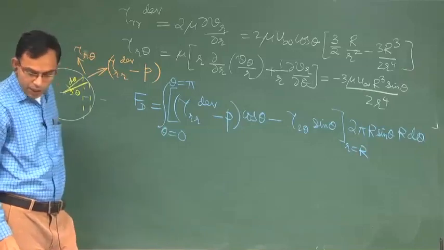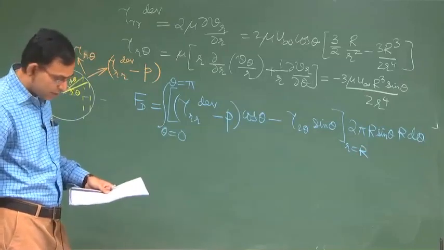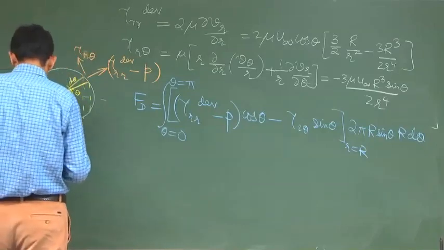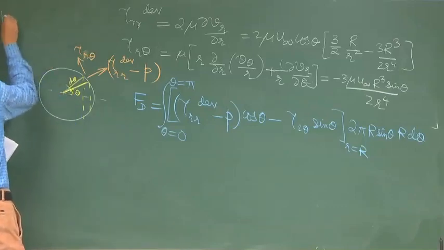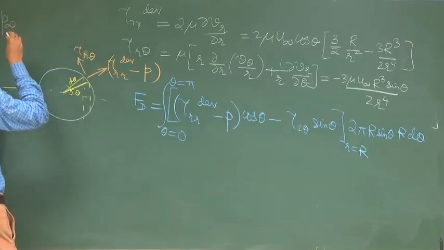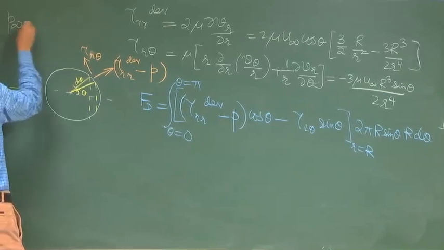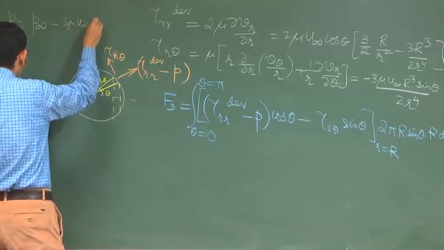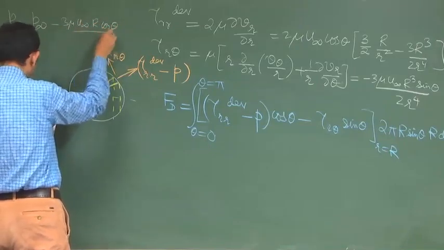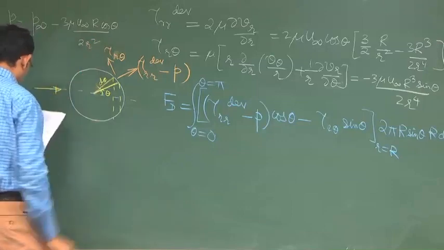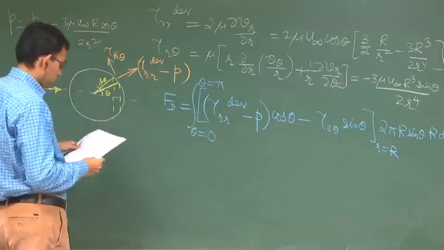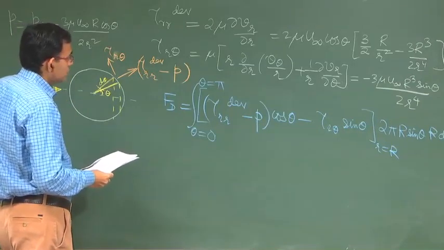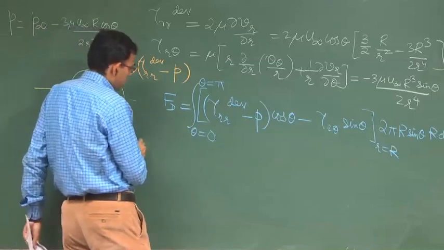The expression for P, let us rewrite, I have erased it from the board. So, P is P infinity minus 3 mu u infinity r cos theta by 2 r square. So, let us now put all this.